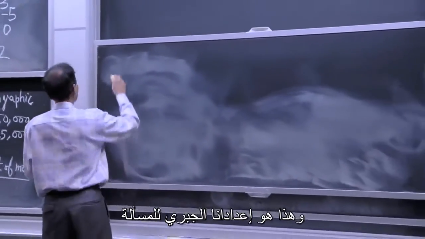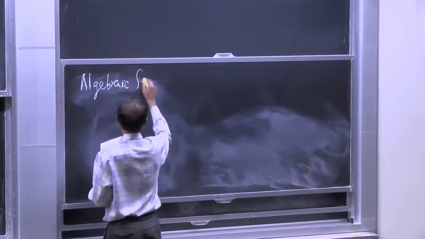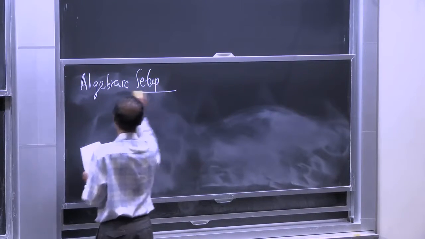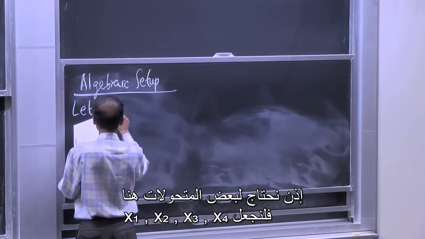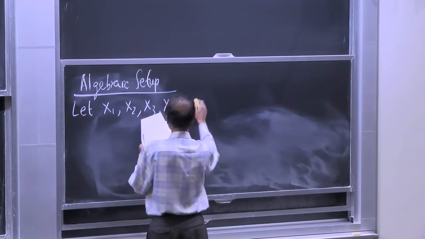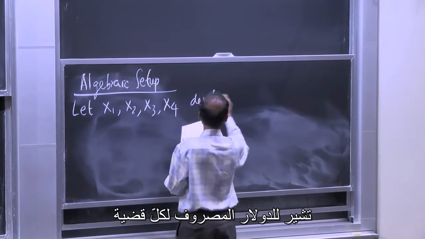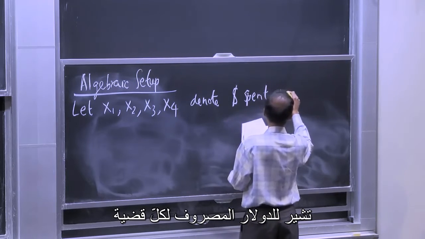And this is our algebraic setup. And so we need some variables here. So let x1, x2, x3, x4 denote the dollars spent per issue.